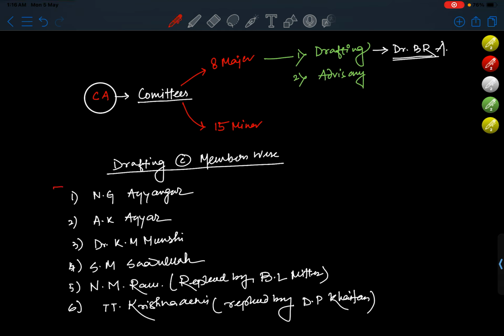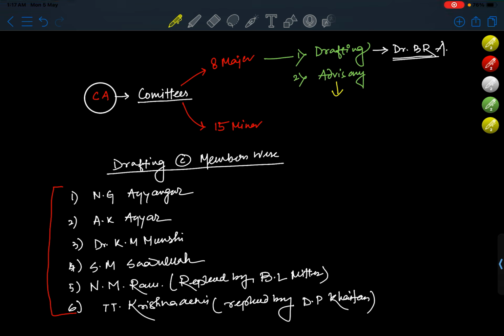Next one is the advisory committee. In the advisory committee there were different portfolios, like fundamental rights, which were dealt with by J.B. Kripalani. Minorities, H.C. Mukherjee.